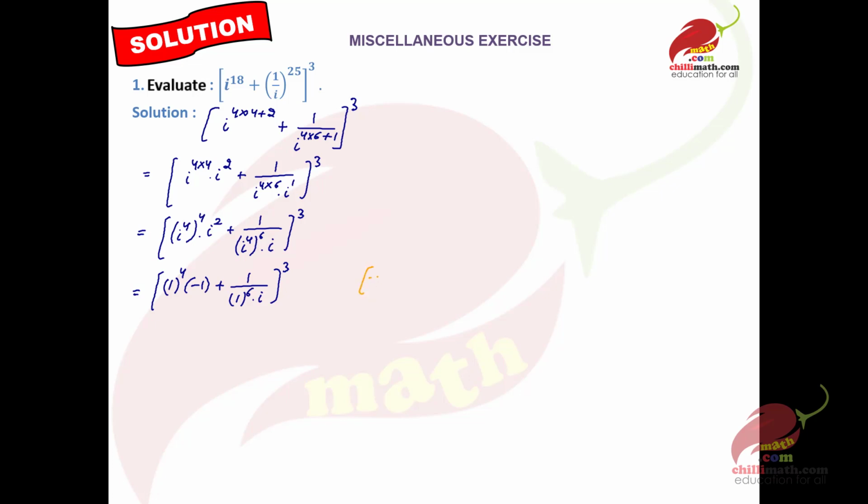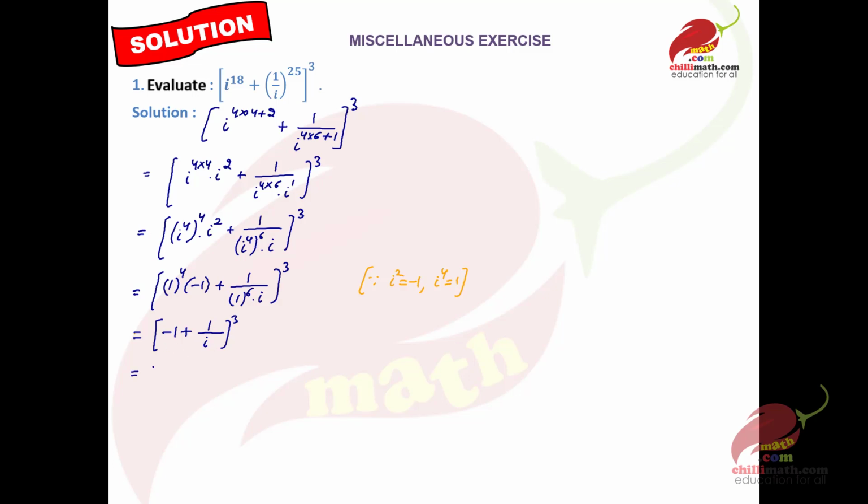We can mention this because i^2 is minus 1 and i^4 is 1, which we have used here. Solving it, 1 power 4 is 1 into minus 1, that is minus 1, plus 1 over 1 power 6 is 1 into i is i.